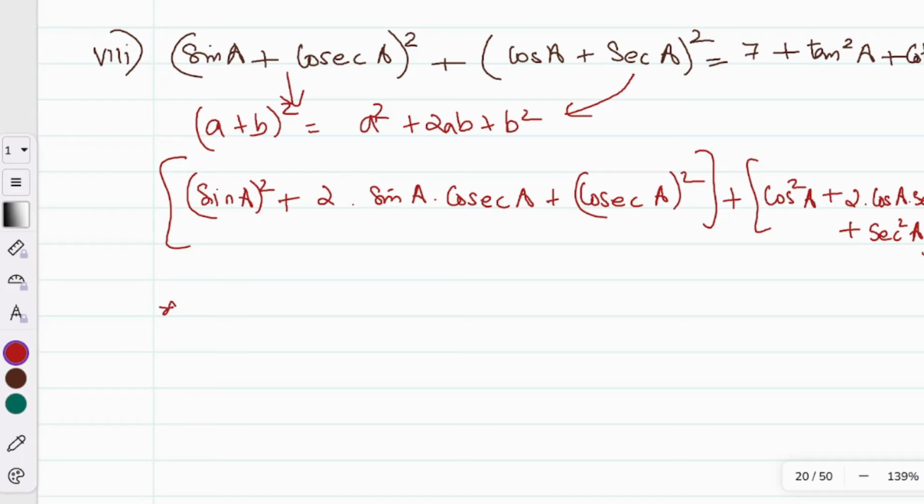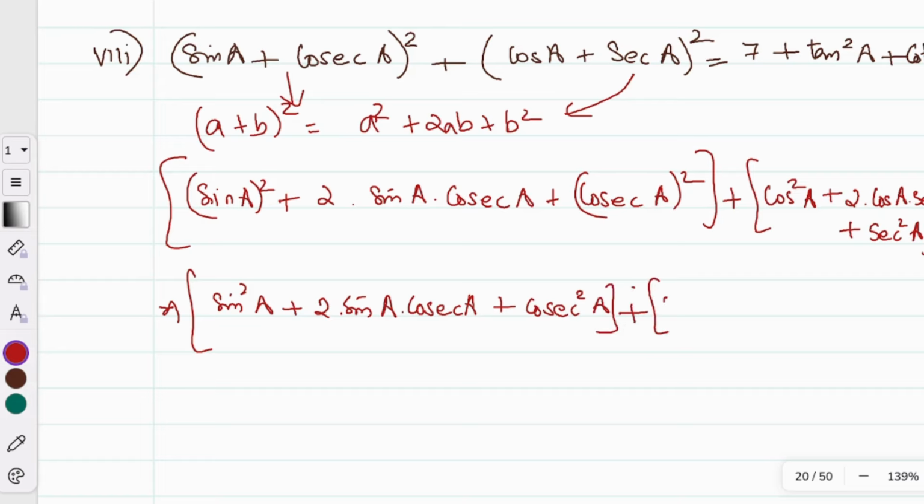The same way I will write it here: sin square A plus 2 sin A cosec A plus cosec square A plus cos square A plus 2 cos A sec A plus sec square A. This is what we will get here.